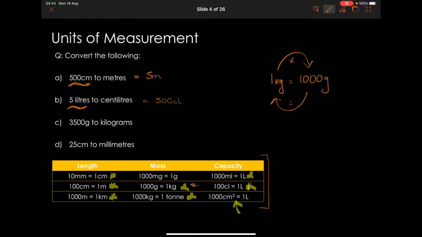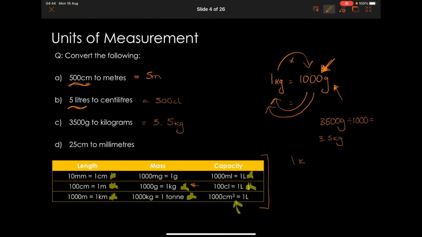I've got 3,500 grams, and I'm on this side of my diagram, because I'm in grams. So I need to go to kilograms, so I'm going to divide. And I'm going to divide by my conversion rate, which is 1,000. Okay, remember, it's always this side. So 3,500 divided by 1,000 is 3.5. So that would be 3.5 kilograms.